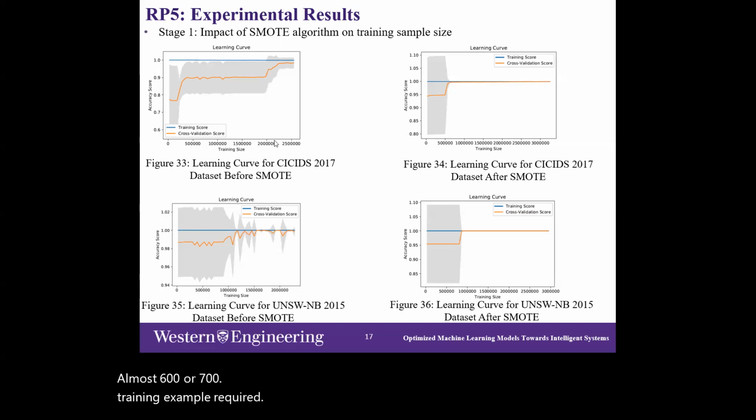You see how much it dropped? It's almost a third. 66% of the previously required training samples, I got rid of when I applied SMOTE only.